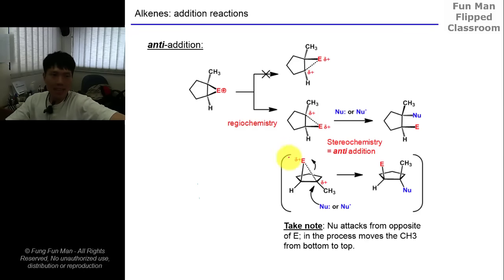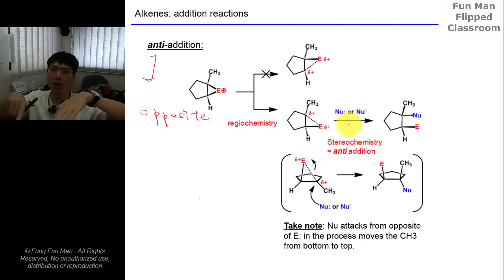What is the anti-addition? Anti, as you know from the lectures, means opposite. Now you have a 5-member cyclopentane. We know that it's puckering in shape, and when you form a 3-member ring, the E either goes above the plane or below the plane.